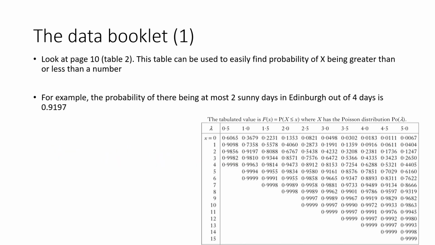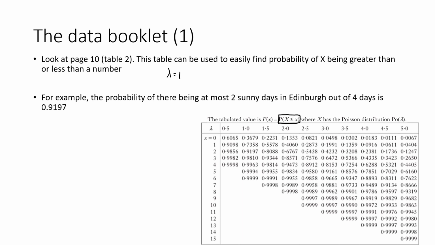Your data booklet also has a Poisson distribution table. You will find that on page 10. And just like the binomial one, the probabilities you'll be given will equal to the probability of x being less than or equal to a number. So if we have to use that, just on the same question where there was one sunny day in Edinburgh out of every 4 days, so lambda is 1.